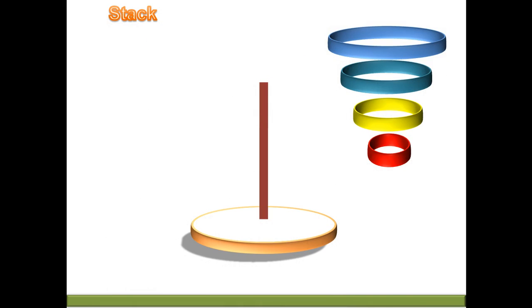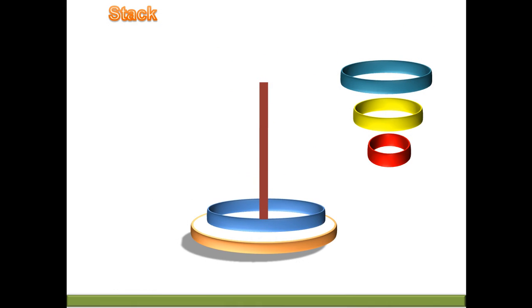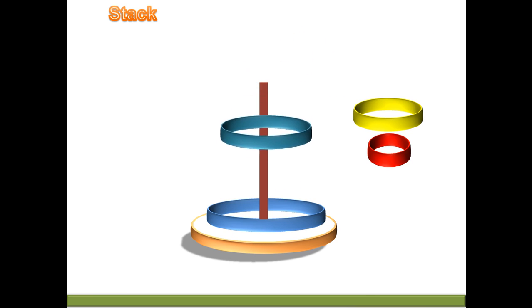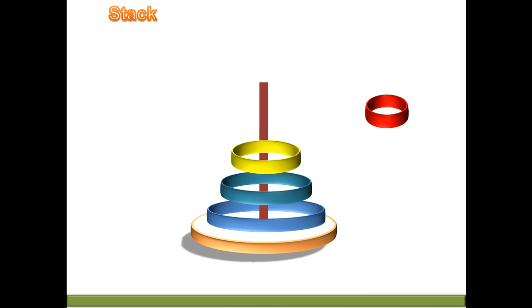Let's understand this by an animation. Lifo can also be termed as stack. So here you can see the rings get stacked on each other, that is, they have been placed on each other. Now you have seen the biggest ring entered into the system very first, and the red ring entered into the system very last.